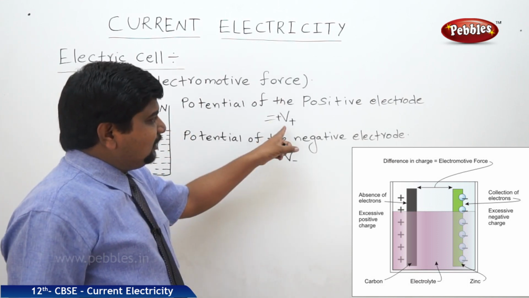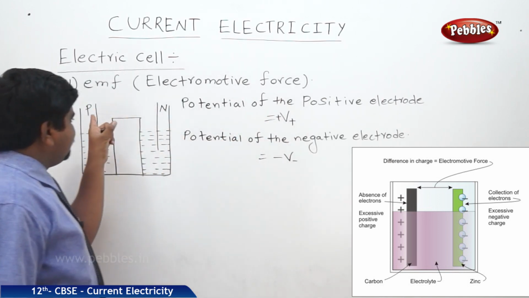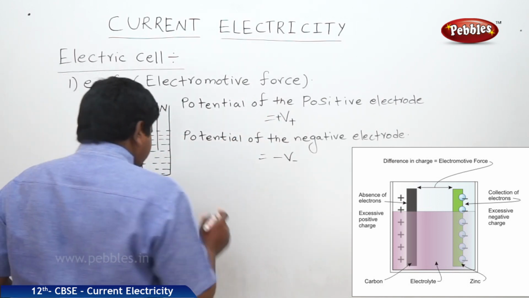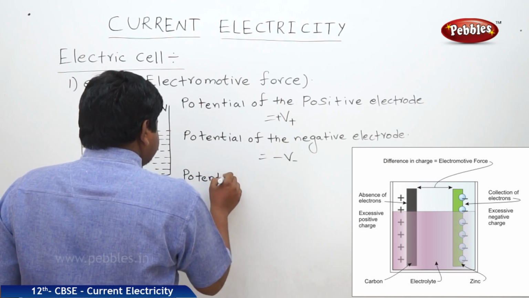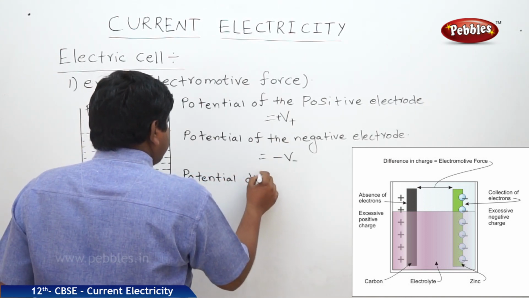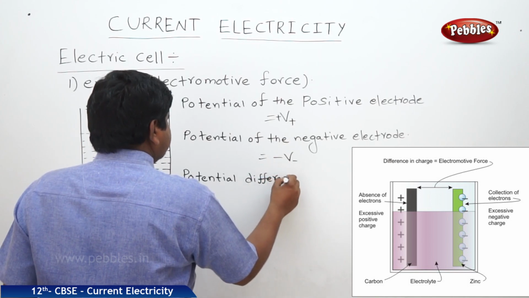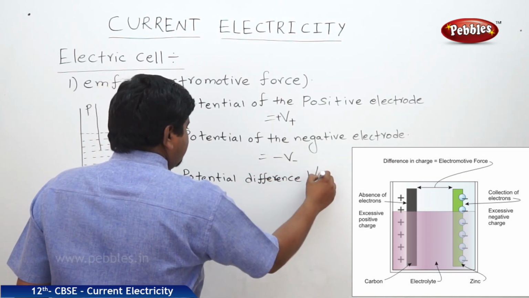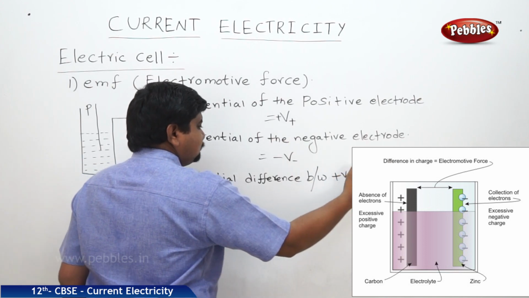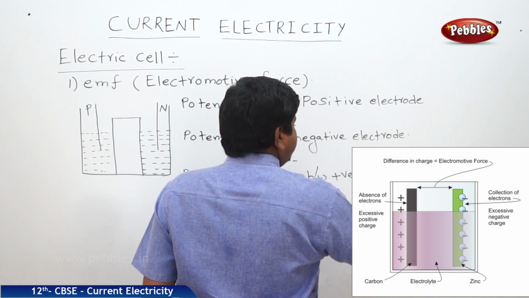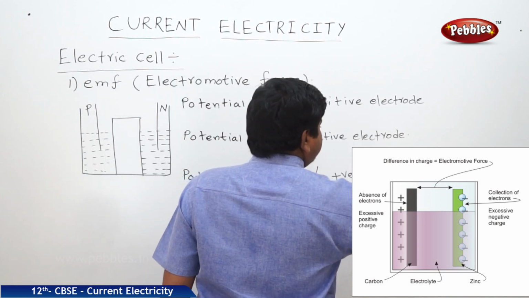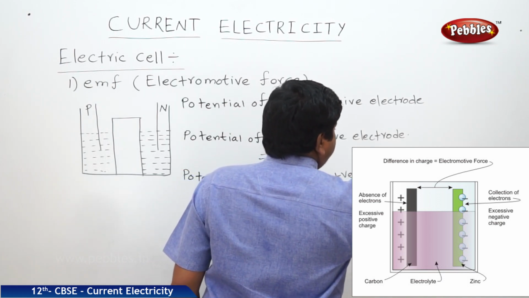Now I am going to find out the potential difference between the positive electrode and the negative electrode.